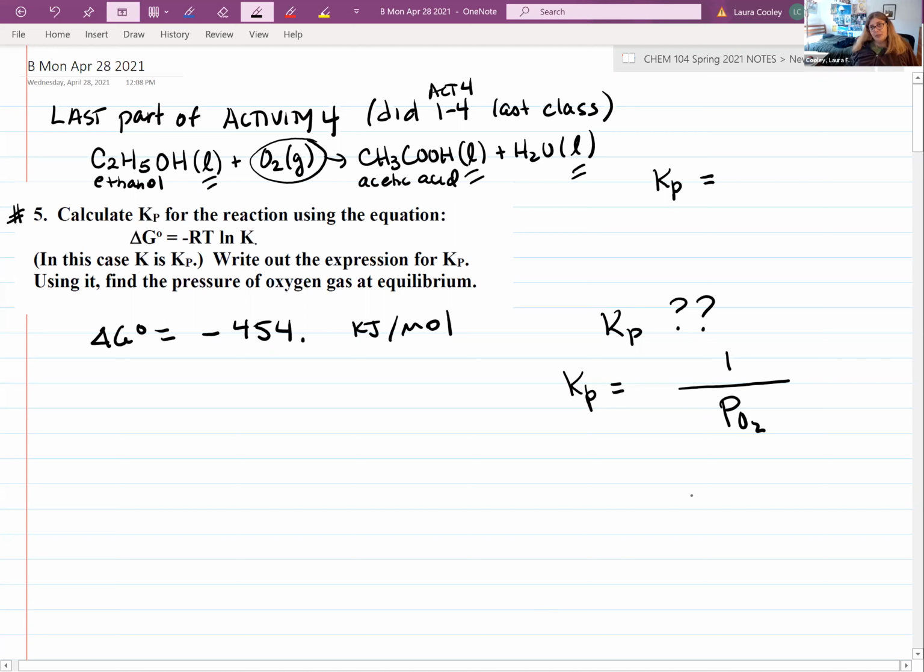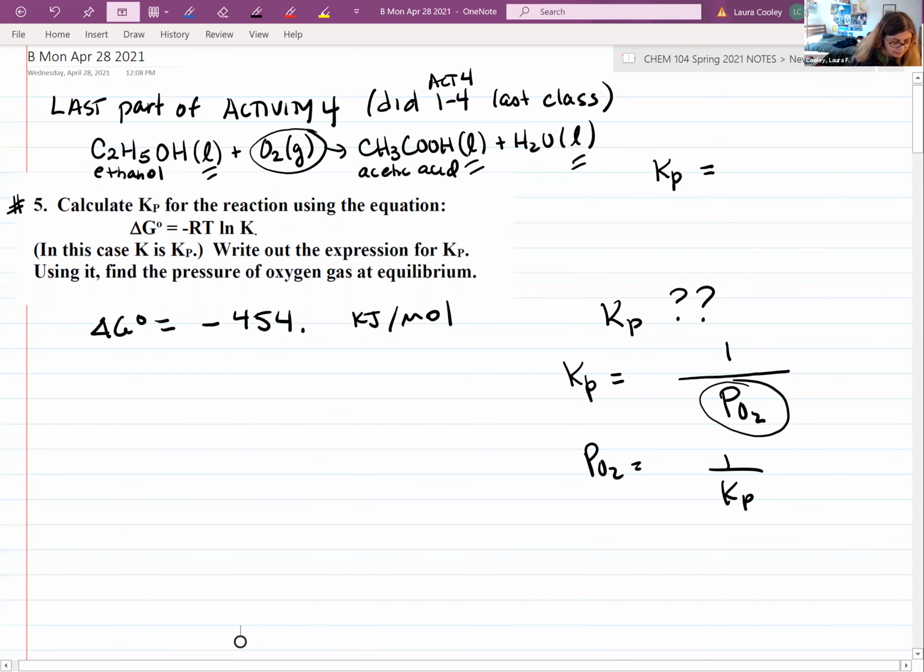That's a weird looking equilibrium constant, but that's what it is. So when we're done, we're going to find what the partial pressure of oxygen is at equilibrium, because all we have to do is solve for it. PO2 is 1 over the K, whatever that is. So they're related inversely in this particular case.